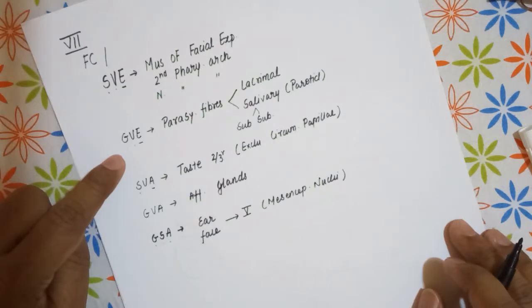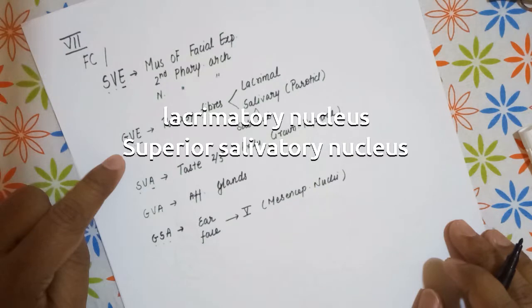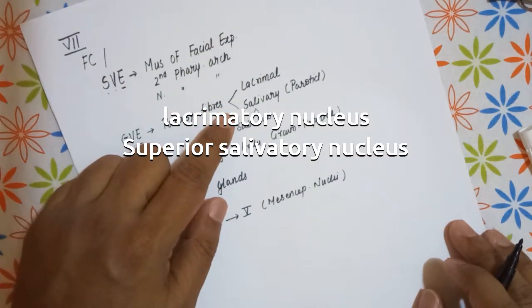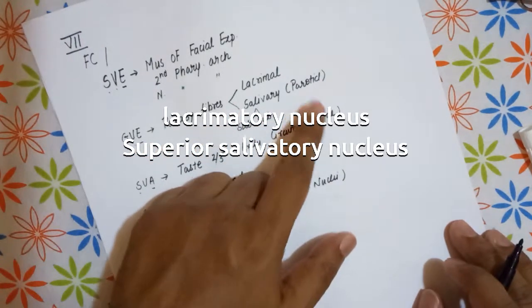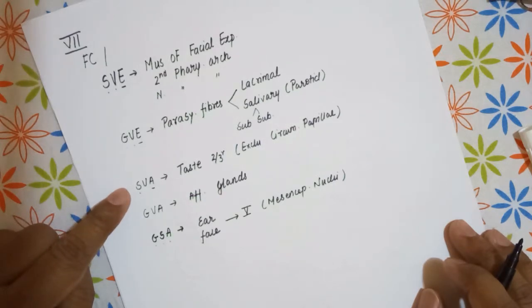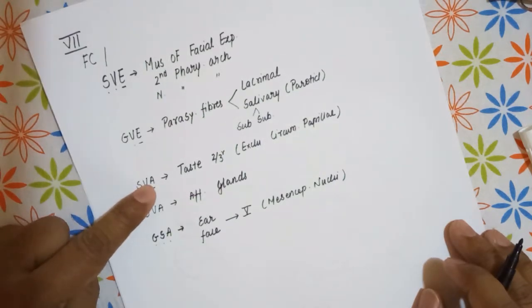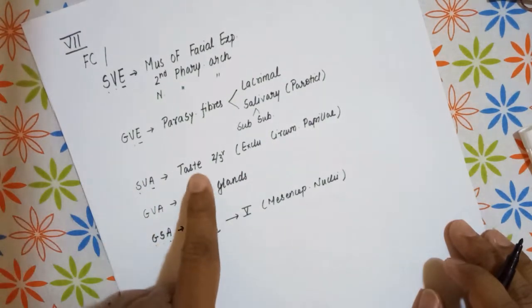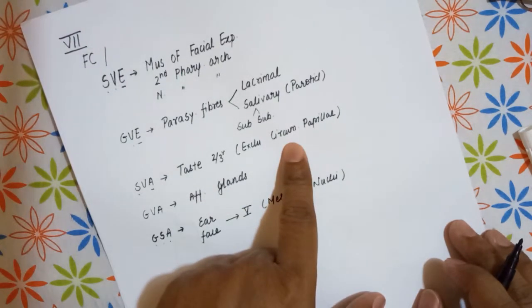General visceral efferent, these are the parasympathetic component of the facial nerve, supplying the lacrimal gland and the submandibular and sublingual salivary glands except the parotid. Then we have the special visceral afferent, afferent towards the brain, special in the sense of taste, from the anterior 2/3 of the tongue, excluding the circumvallate papillae.